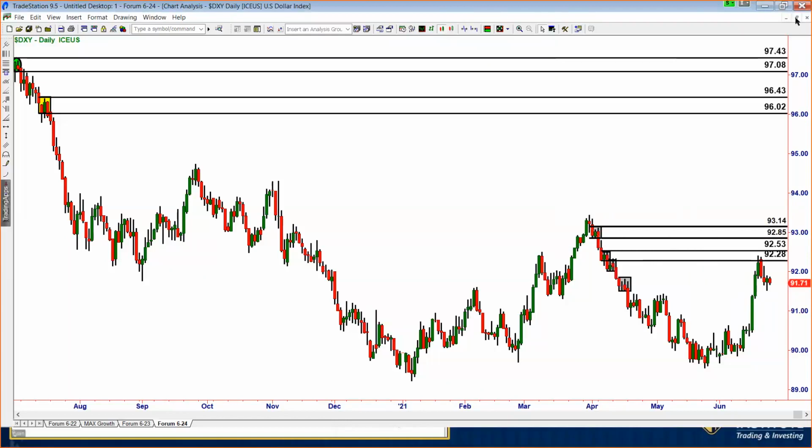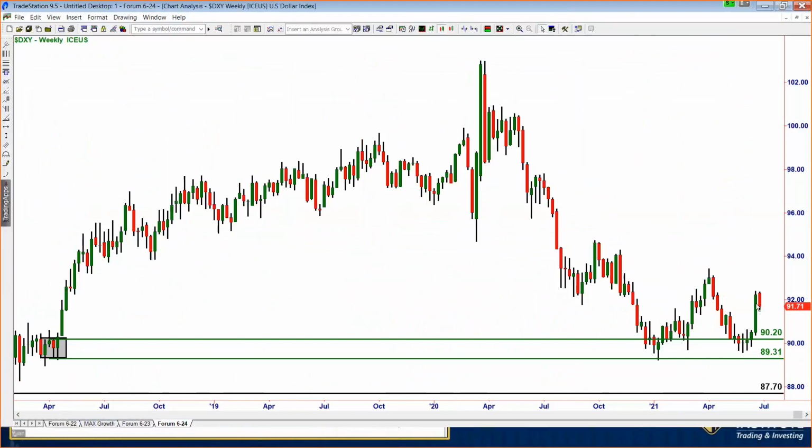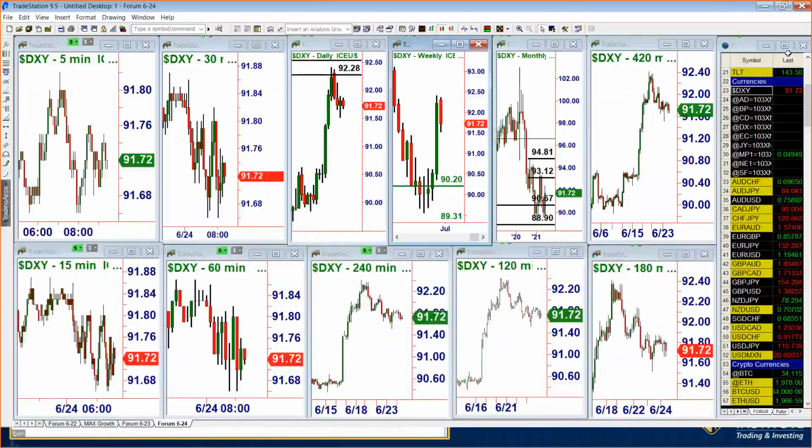And then on the demand side, we just came off a big weekly demand zone. So in the big picture, we're rallying from the demand zone best seen on the weekly, to the supply zone best seen on the daily chart. Clearly, banks are buying and selling at those two areas.